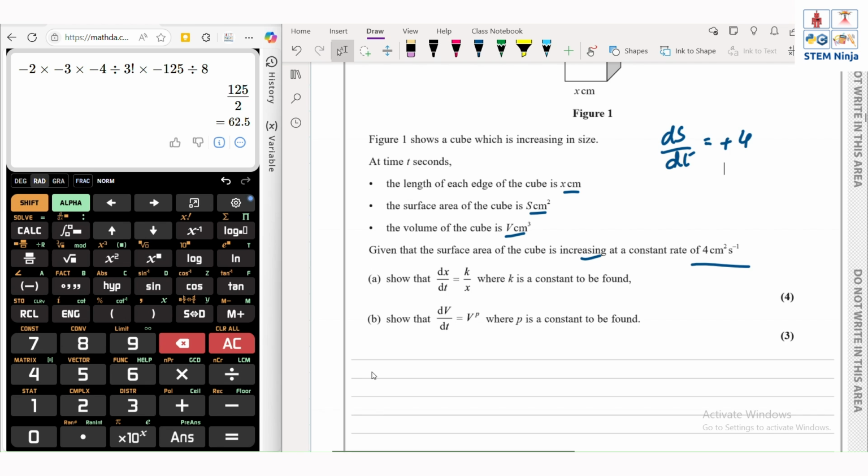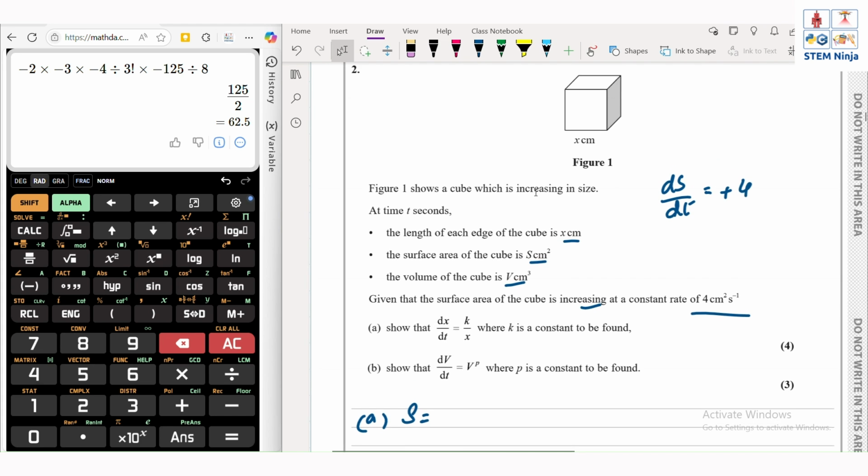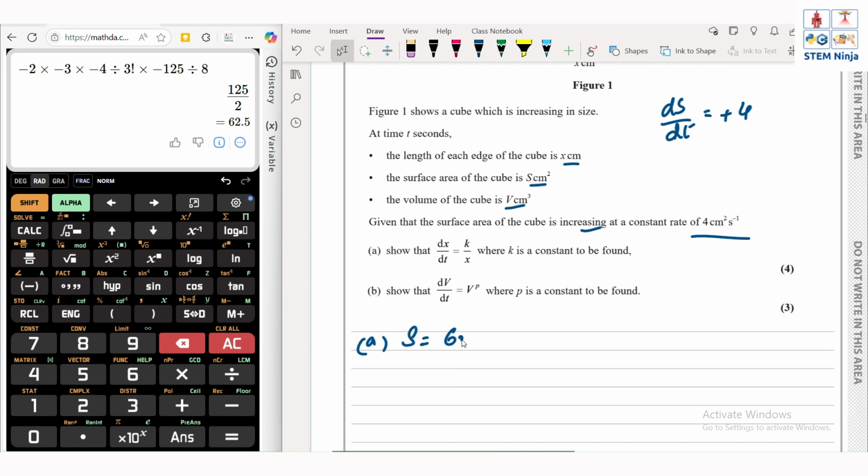Okay, so first off, we need to know what the surface area is. Since this is a cube, this is 6 times x squared. So that means that dS over dx is 12x. So we need dx over dt.